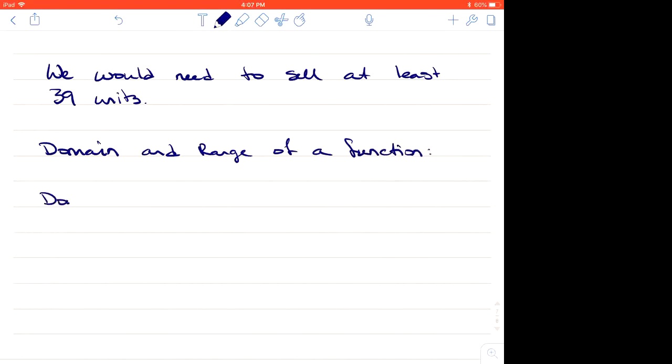The domain is kind of the important one, because the domain is going to be all possible values of x, meaning there are some values of x sometimes that yield illegal math, right? And so what's illegal math? Things like dividing by 0, that's illegal math, can't be done.